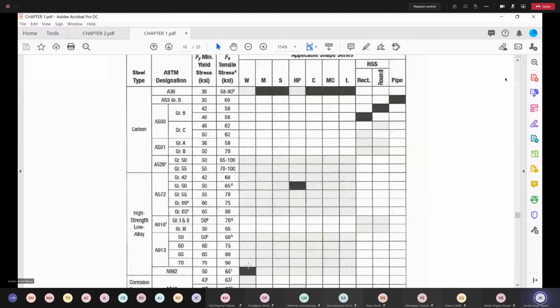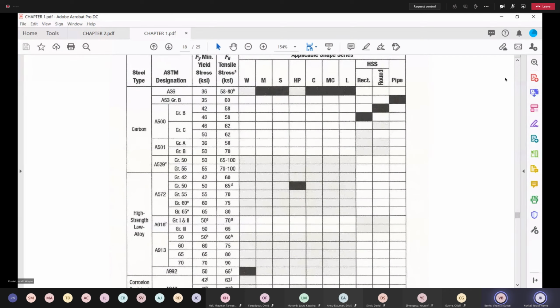Remember, the most commonly rolled shapes are W shapes, and they're most commonly rolled as A992 steel instead of A572 steel, but the strengths are exactly the same. So there's no difference between them. So there's where that comes from.